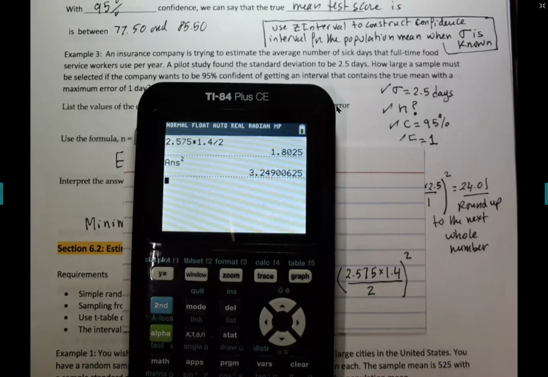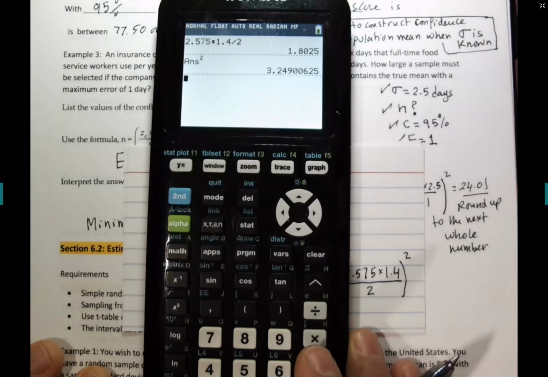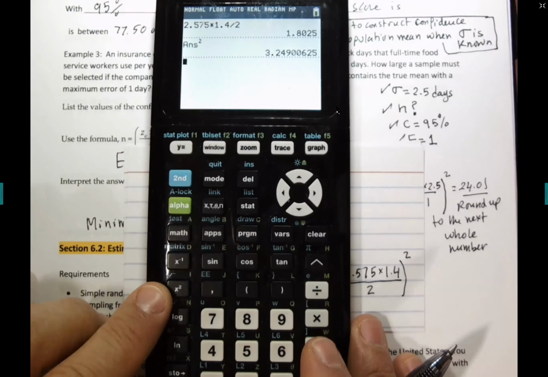Which button is the square button? I couldn't see because it was down below. Oh, right here. That's the square button. Just press on it and it should square it, or just multiply the number by itself. That will do it as well.